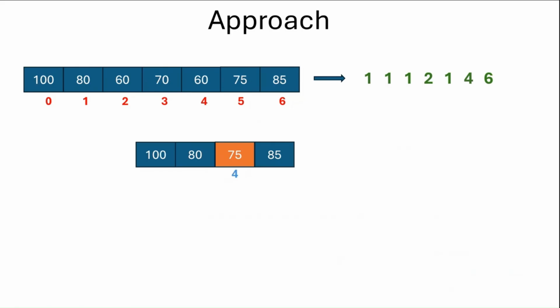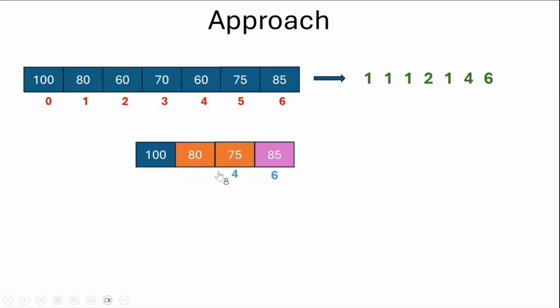And whenever we see the new current day price, which is 85, then we can easily use this count, which says that there are 4 days which have smaller values than 85, the current day stock price. So we can just use this count. For 85, 75 accounts for 4 days, and 80 is also less than 85.